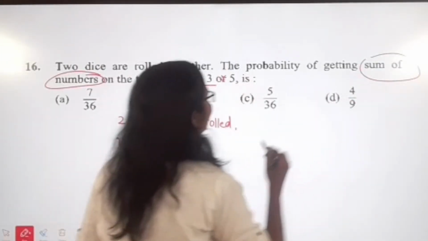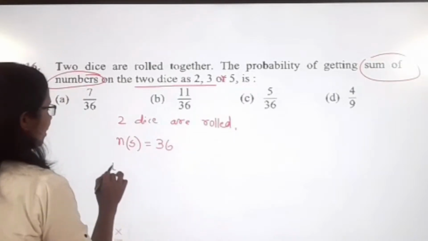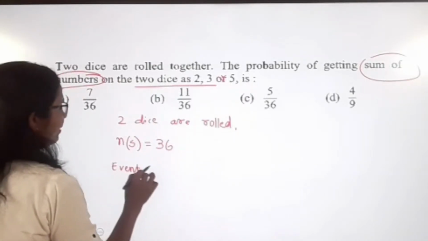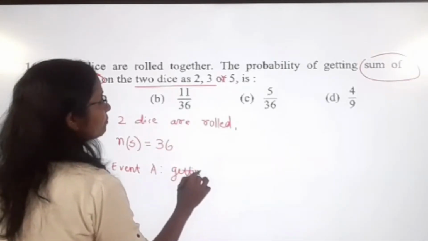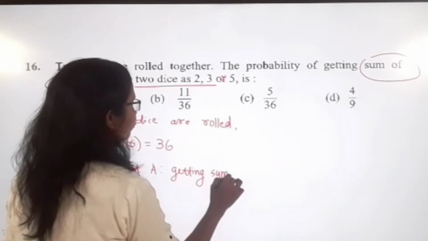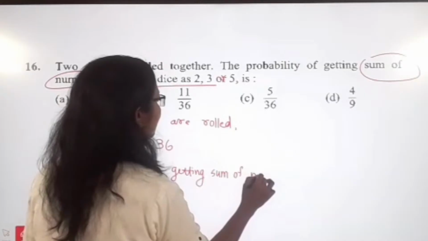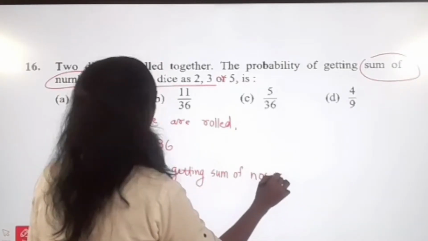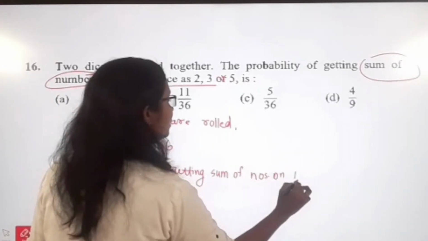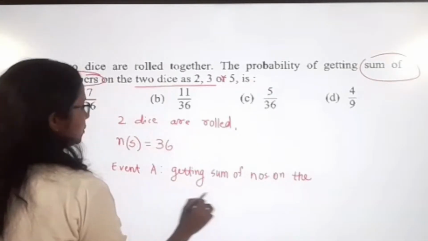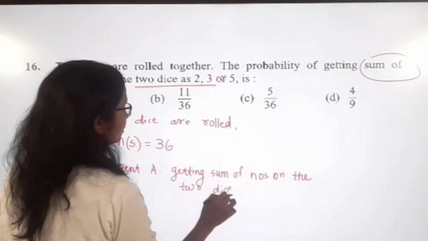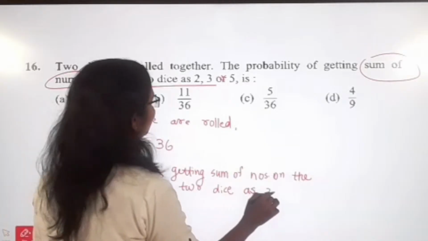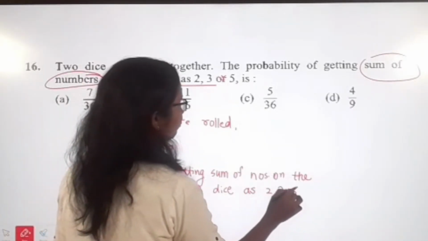So this is the event. We consider that event A, and that means getting sum of numbers on the two dice as 2, 3 or 5.